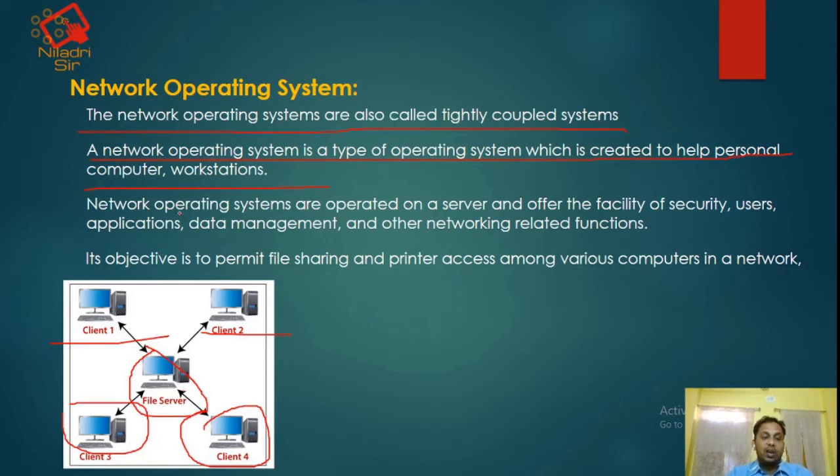Network operating systems operate on a server and offer the facility of security, user applications, data management, and other networking-related functions. Its objective is to permit file sharing and printer access among various computers in a network.